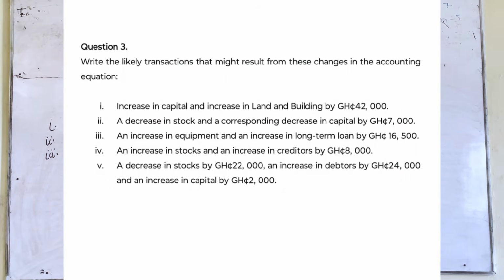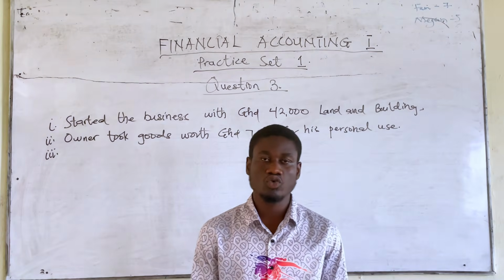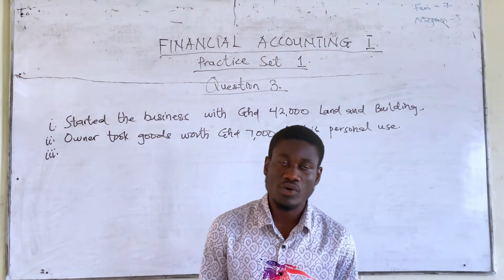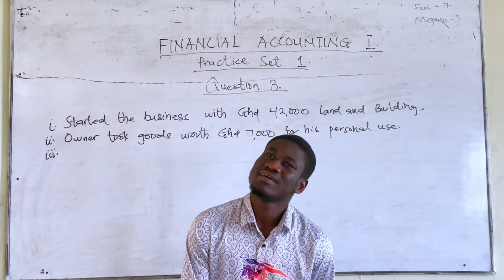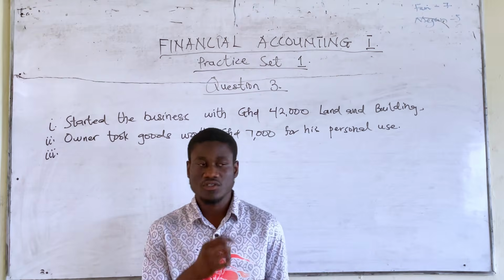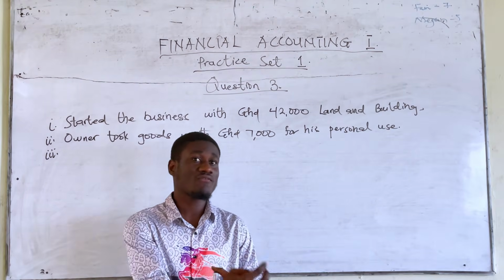Now it says an increase in equipment and an increase in long-term loan by 16,500. Good. So what will make our equipment increase and also our loan, which is a long-term loan, increase? Loan is a liability. So if our loan has increased, that means that we've gone for a loan.